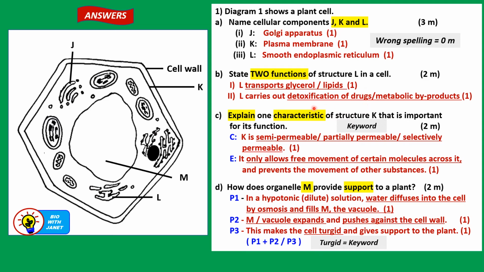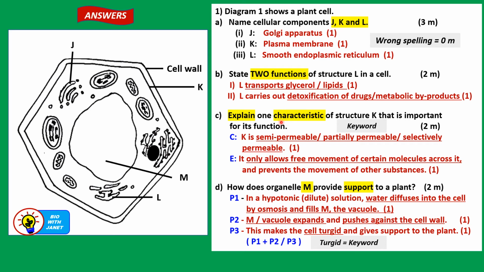If you don't write detoxification, you just write L makes the drugs not poisonous, then you will lose that 1 mark because we want this particular keyword. So remember, for answers in biology exam papers, make sure that you identify the keywords and write them down in your answer.